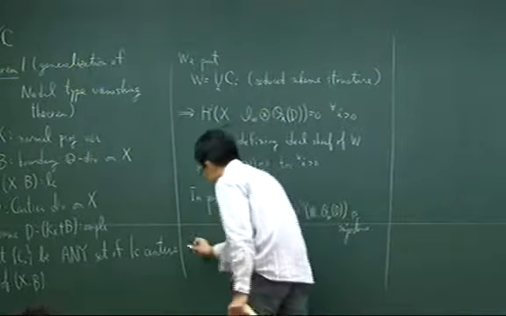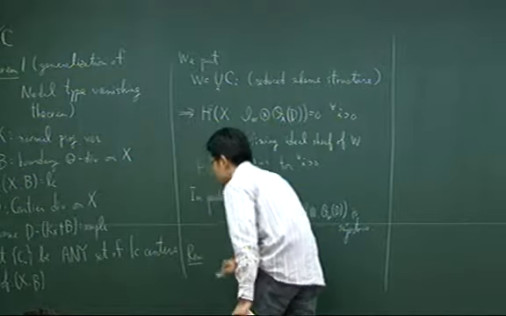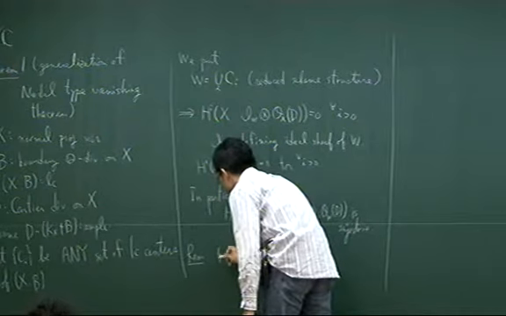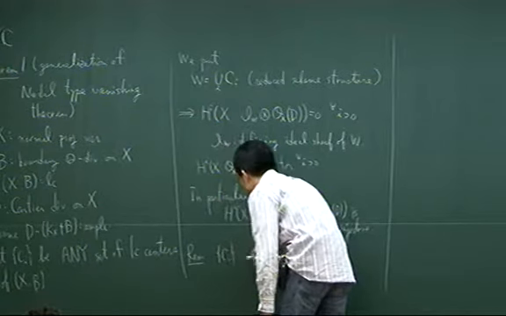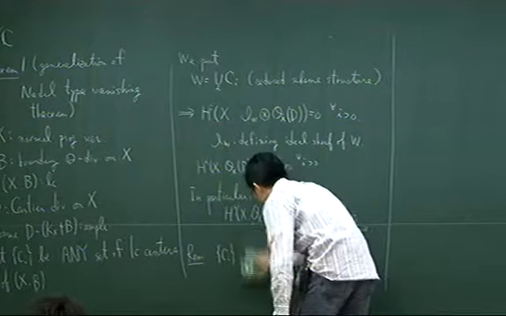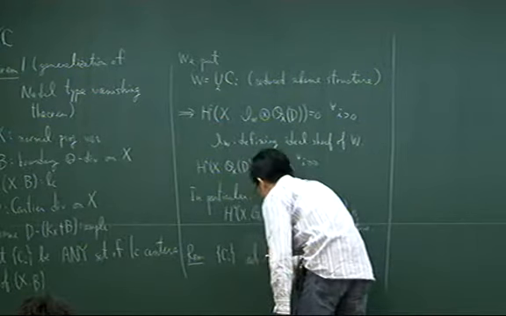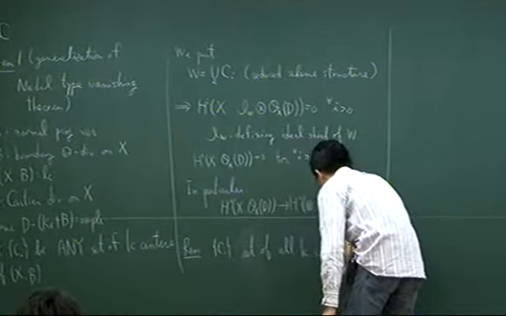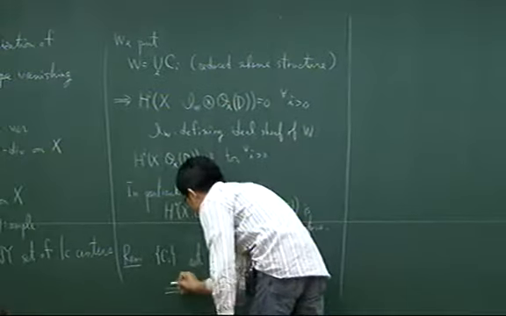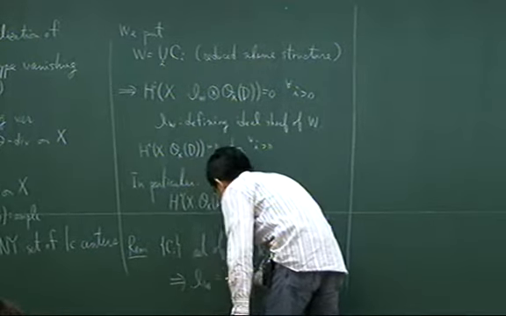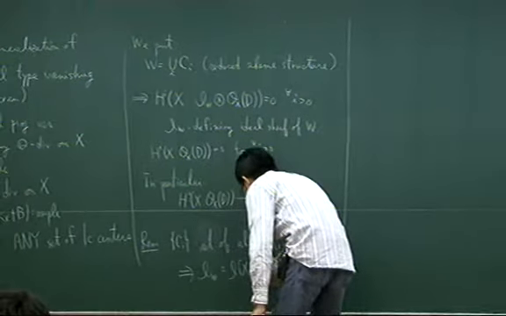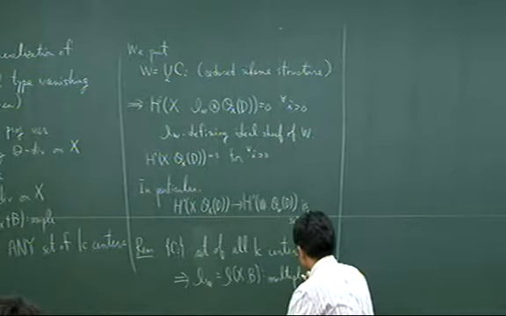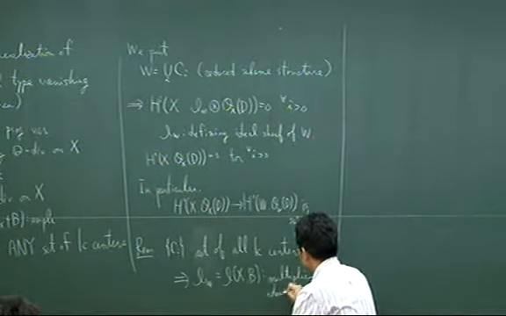The remark: if C_i is the set of all LC centers, then I_W equals the multiplier ideal I(X, B).